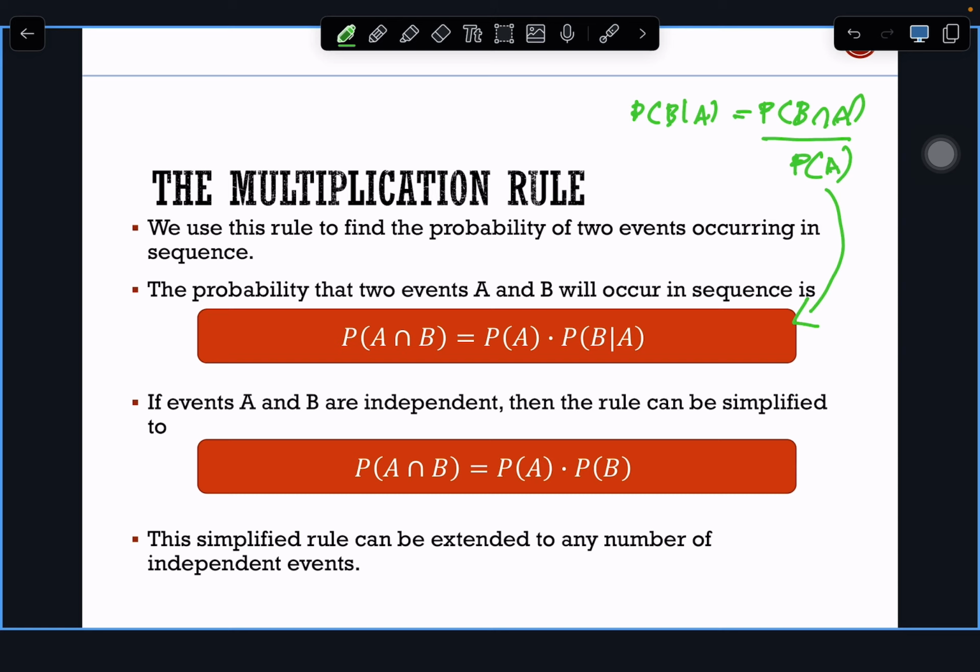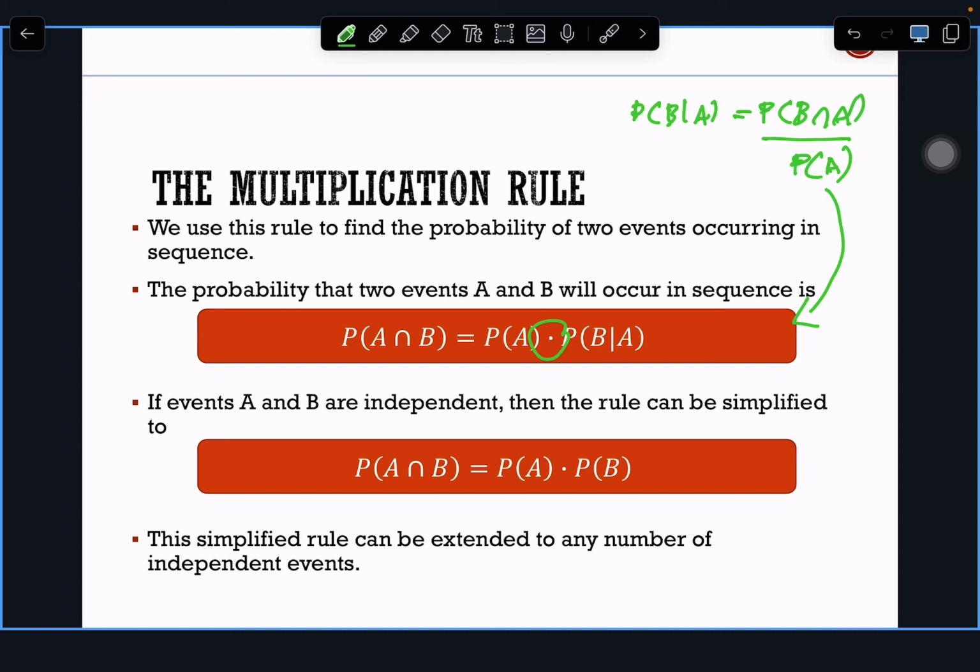That's how we get the formula. And you may ask, where is the multiplication? We take P(A) multiplied by P(B given A). The small dot there basically means multiply. So if somebody asks you how we get the multiplication rule, you can say from conditional probability. We rearrange and then we get P(A) multiplied by P(B given A). That's the multiplication rule.